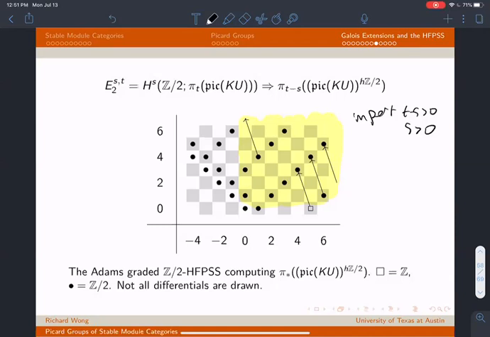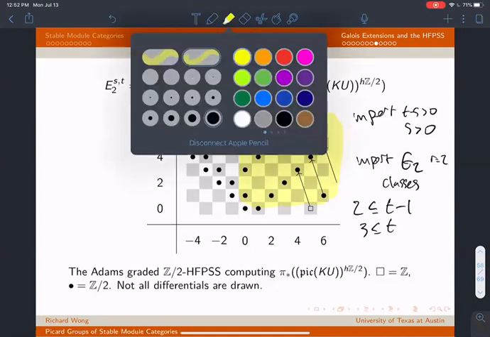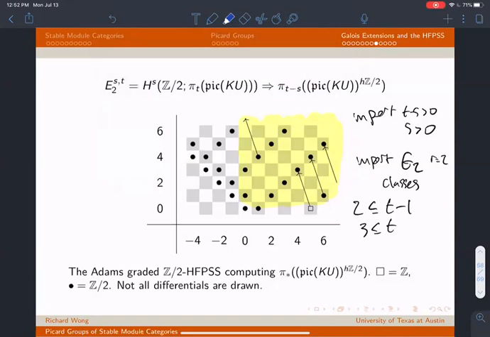And we can import the E2 classes as long as 2 is bigger than or equal to t minus 1. So this is for r equals 2. So for t bigger than 3, and that's everything in this range. So that's the classes that we can import.